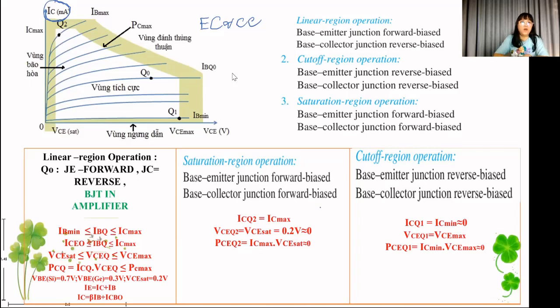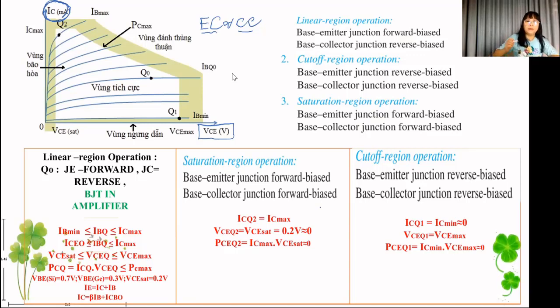This is the volt-ampere characteristic of BJT. We can see the graphic, and in this graphic you can see 2 axes. The first is VCE, and the second is the current of the collector. I wrote down here in Vietnamese language.